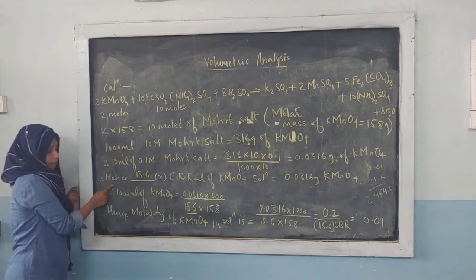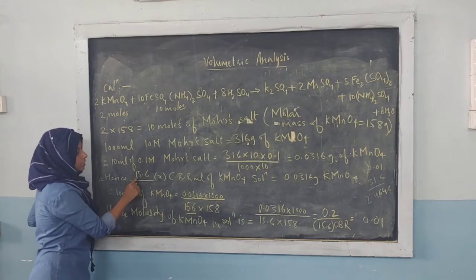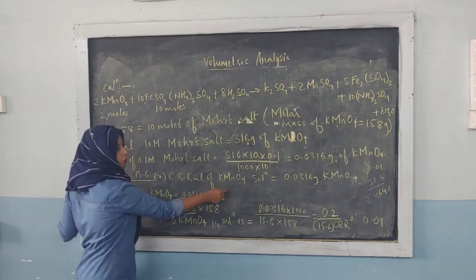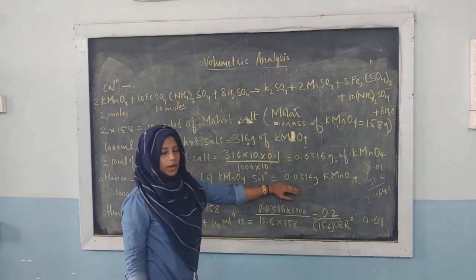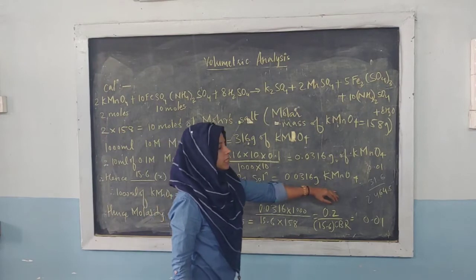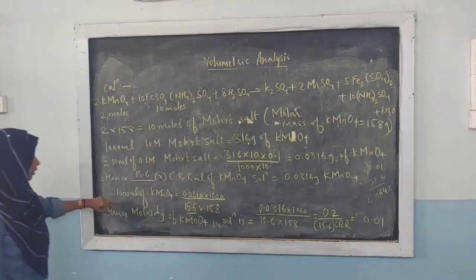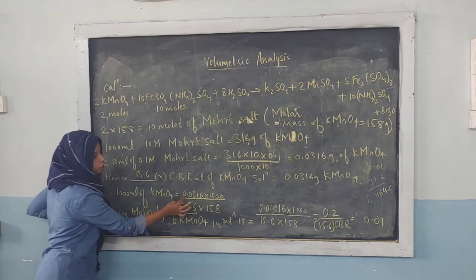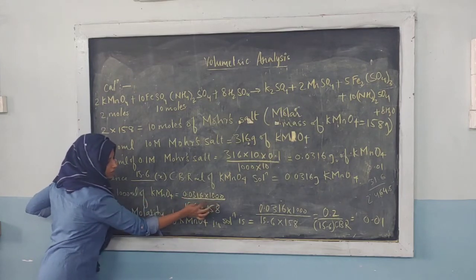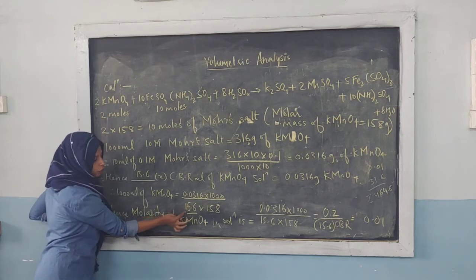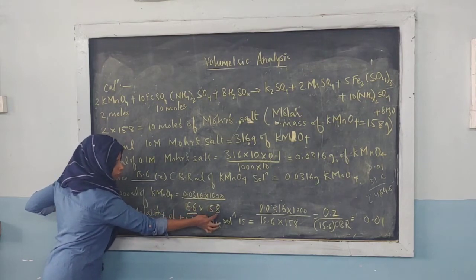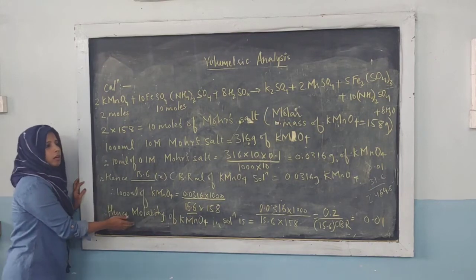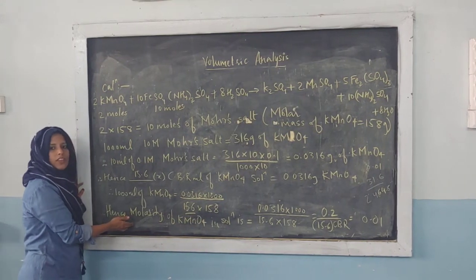Next, we have got the reading as 15.6. So 15.6 CBR ml of KMnO4 solution will require 0.0316 gram of KMnO4. Therefore, 1000 ml of KMnO4 will have 0.0316 into 1000 divided by CBR, which is 15.6, multiplied by 158, which is the molar mass of KMnO4. So here we have to calculate the molarity of KMnO4 solution.